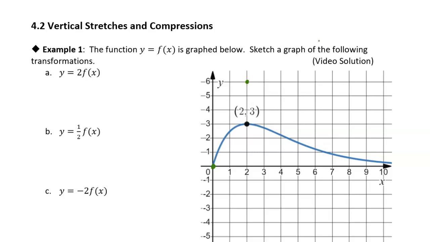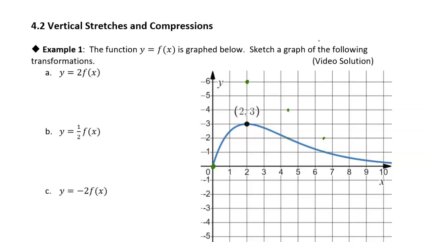And we can take any point on the graph. So for example, here, I don't know what the x value is, but the y value is 2, so that's going to go straight up to 4, right? This is 1, and it's going to go to 2, right? Because we're just multiplying the output. We're not changing the input, we're just multiplying the output.